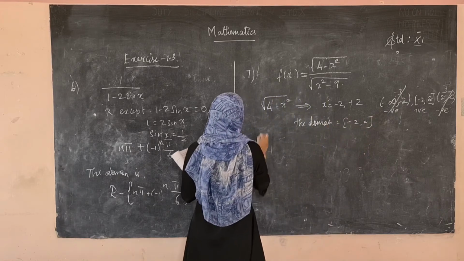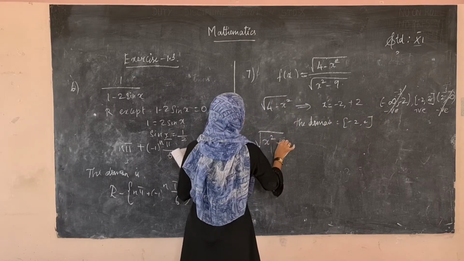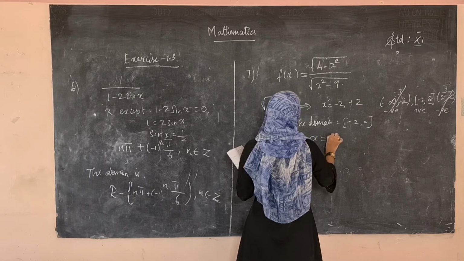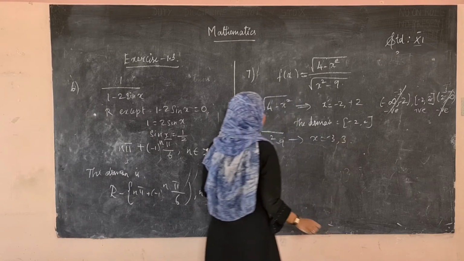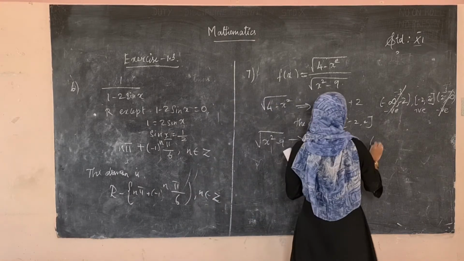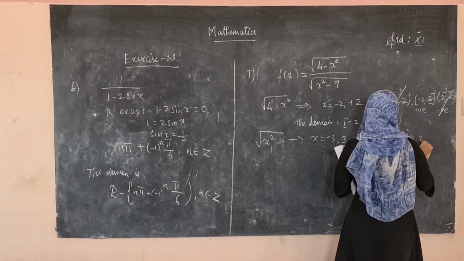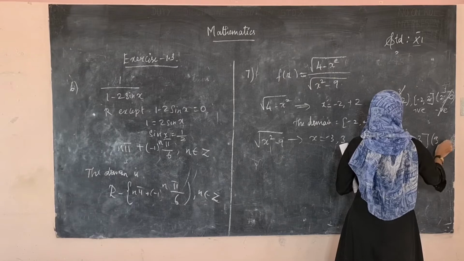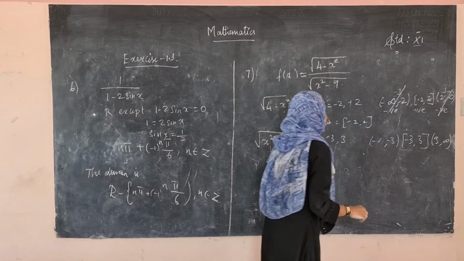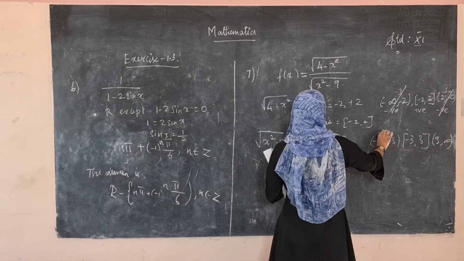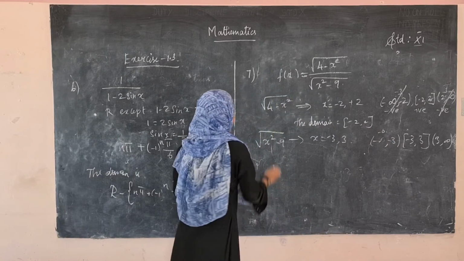And then moving on to the denominator, x square minus 9. For this, the values of x are minus 3 and 3. Okay. So, the intervals are minus infinity to minus 3, minus 3 to 3, and 3 to infinity. Take some value here. Let us take minus 4. Minus 4 means 16 minus 9.